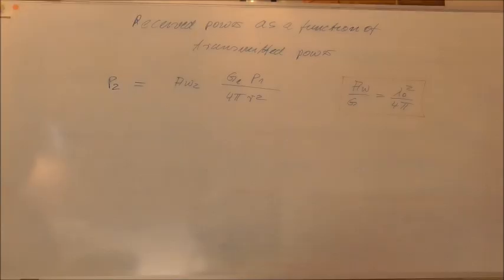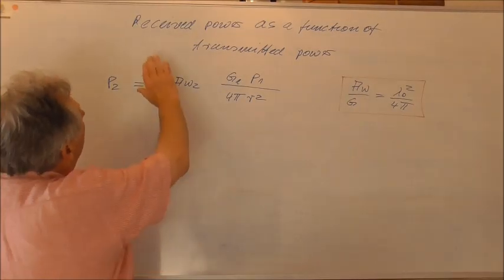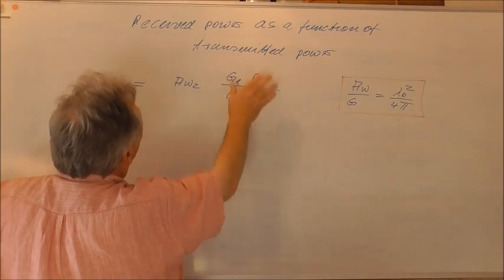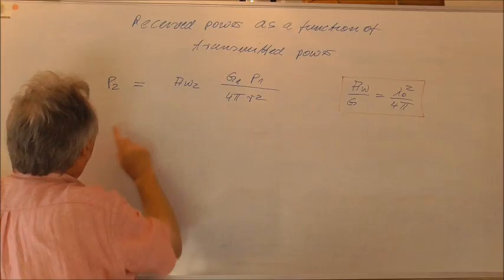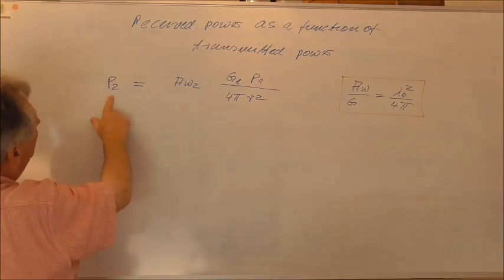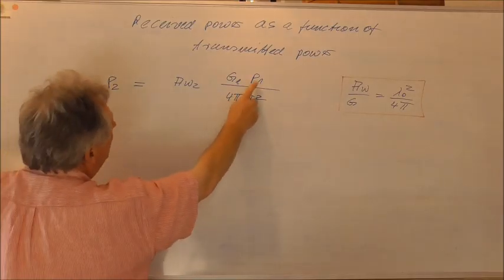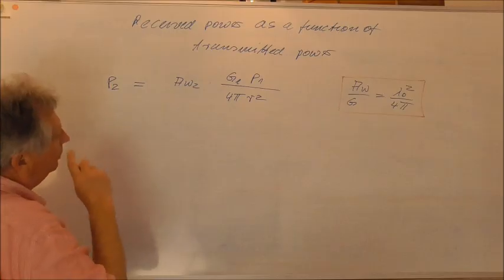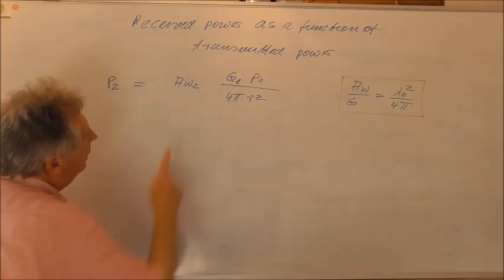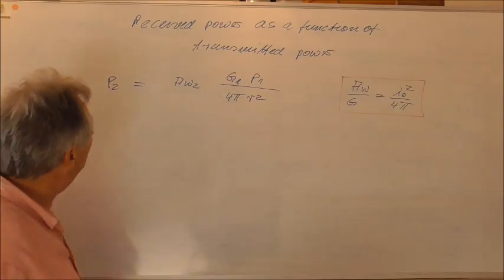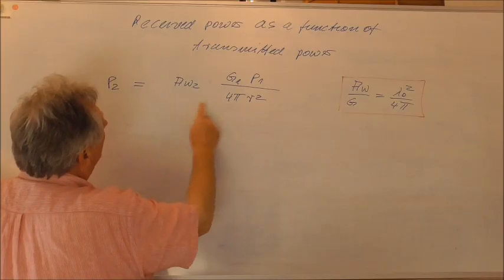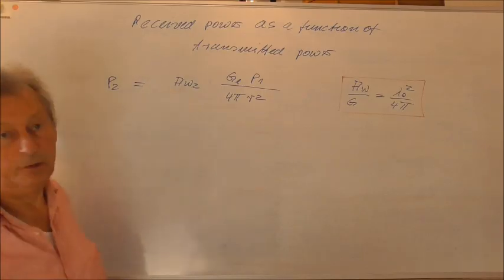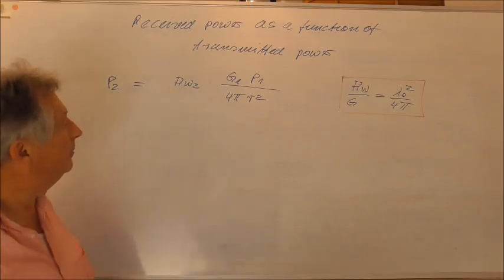Up to now we set up the received power as a function of the transmitted power by this equation. Here we have the received power, here the transmitted power, and to describe the antenna we use the gain of the transmitting antenna G1, the distance, and the effective aperture of the receiving antenna.